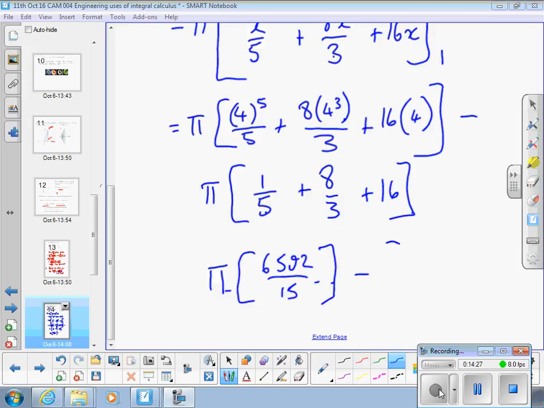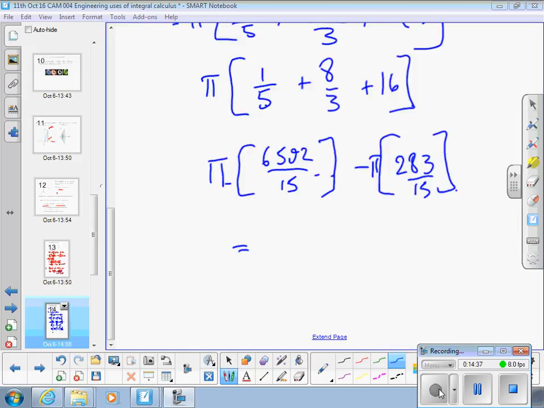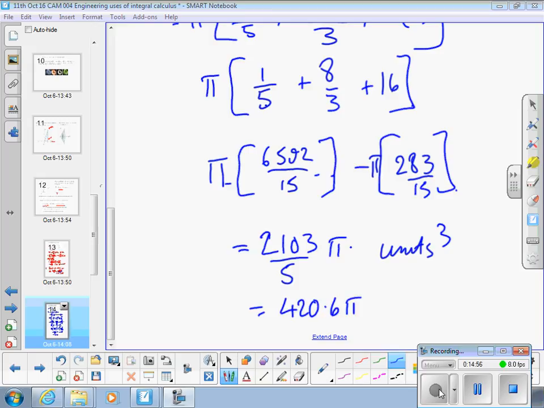Take away pi times 283 over 15. And the answer was over 5 pi units cubed, or 420.6 pi units cubed.